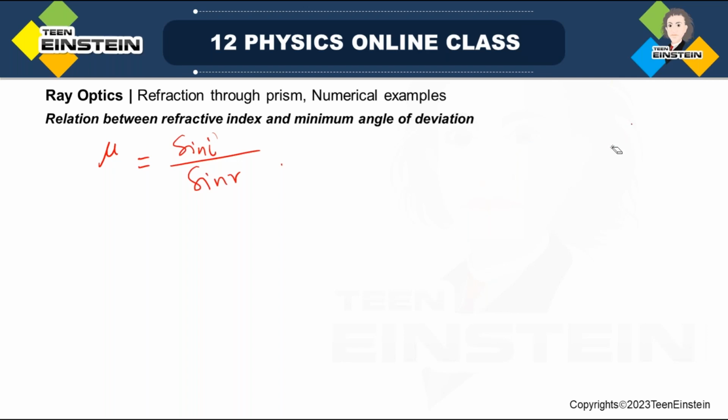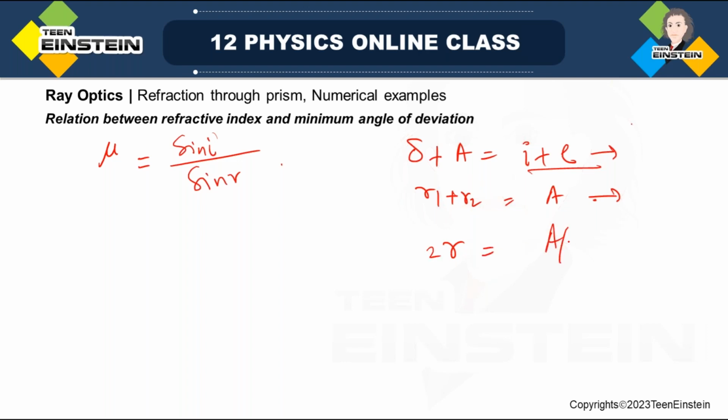So we had the relationship that delta plus A is equal to i plus e. Okay, this we knew, and we knew this. Now, from here we have got already i is equal to... what?